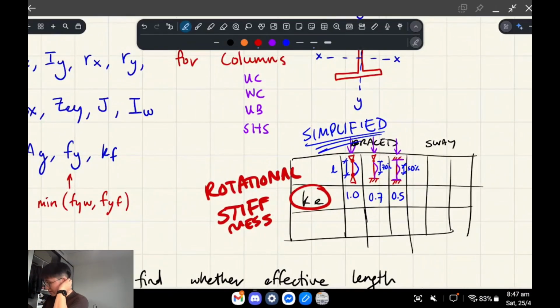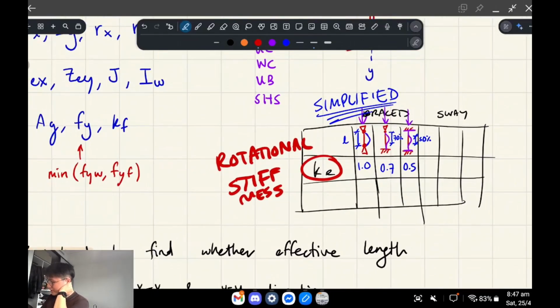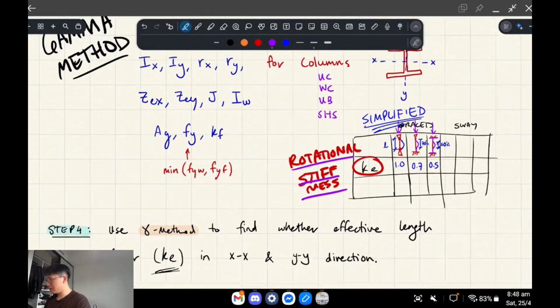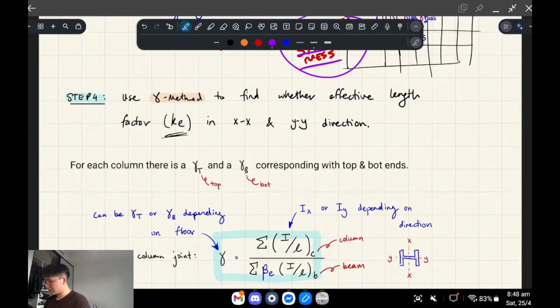That's what this comes down to, and you can actually calculate this very accurately depending on the exact size of the beams and the columns that are connected to the node that you're analyzing. So yeah, the gamma method is the most accurate calculation for this essentially, right?